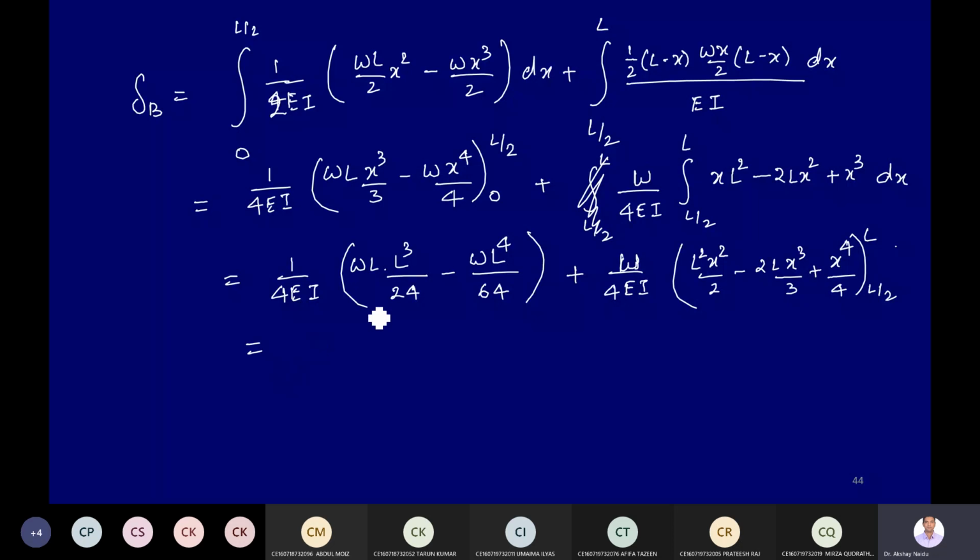Now let's calculate this. W 1 by 4 EI into W L power 4 by 8, if we take out 8 threes, 8 eights.